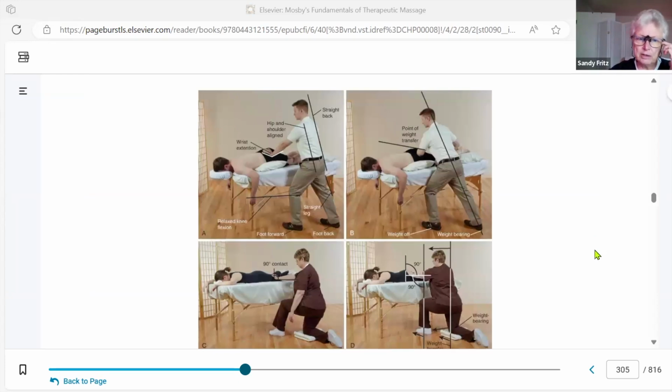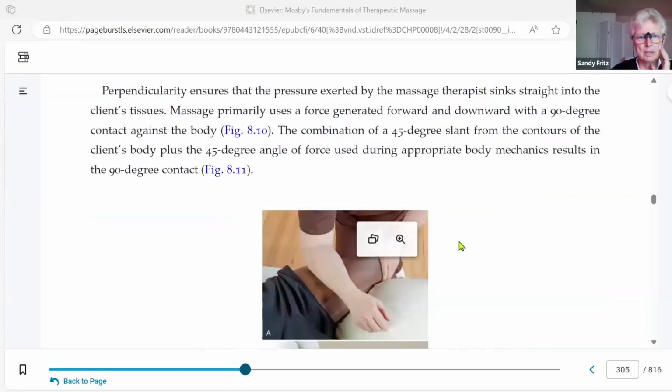Some more pictures here on the weight transfer. And you've got a stable line. The pressure is coming from the back foot, and you're just going to come forward.